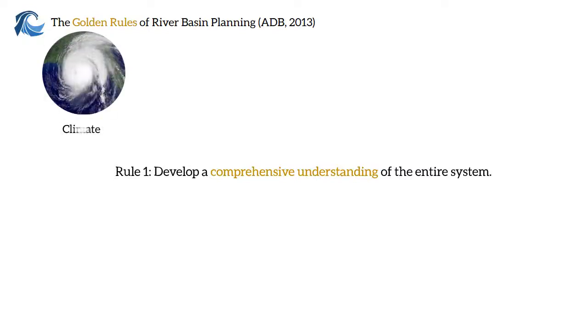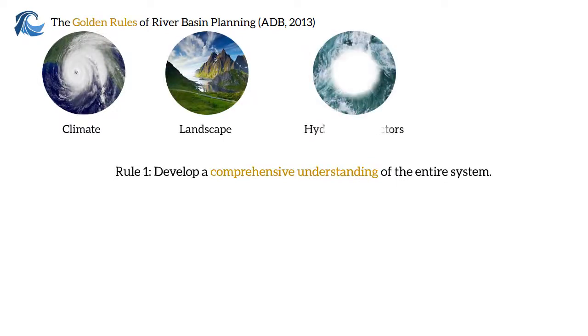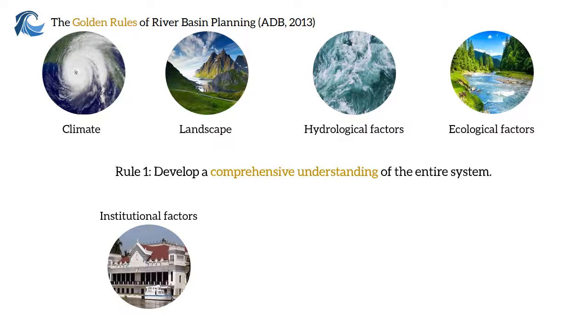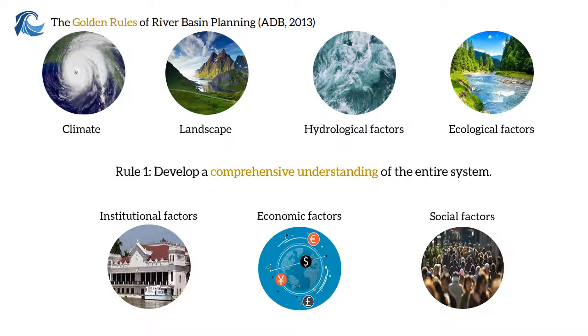So according to ADB, you have to take into account the climate of the country or the area, the landscape, the hydrological factors, ecological factors, institutional factors, economic factors, and of course social factors, because each of these are interconnected with each other.